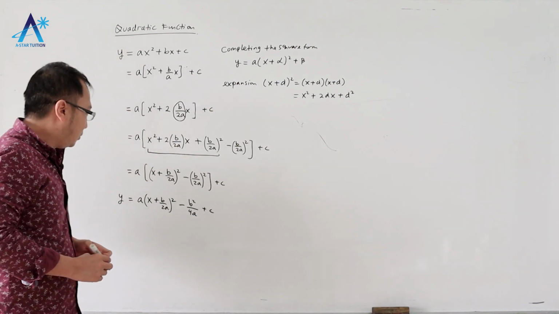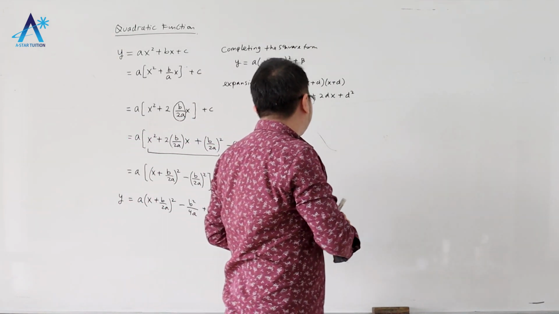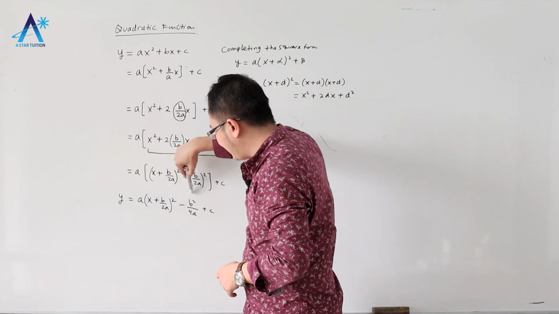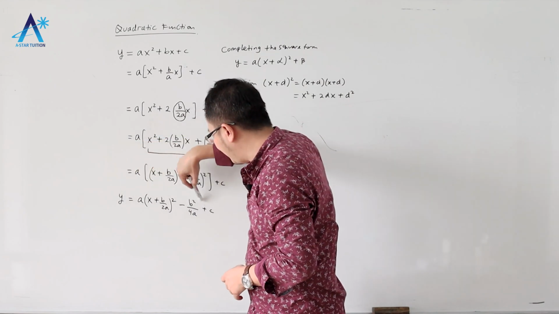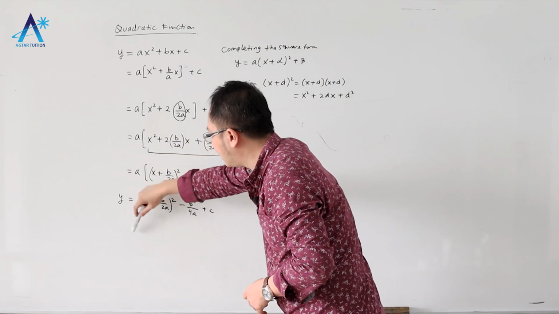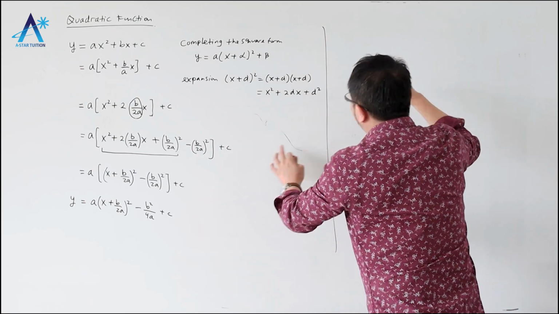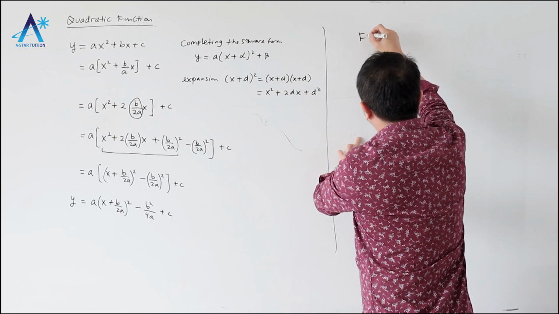Now we're going to also discuss how to find the x-intercept from the following completing the square form. We're going to find the x-intercept from this equation.